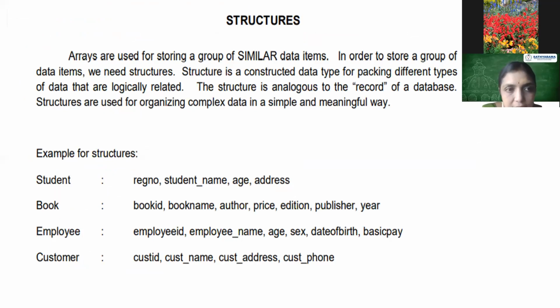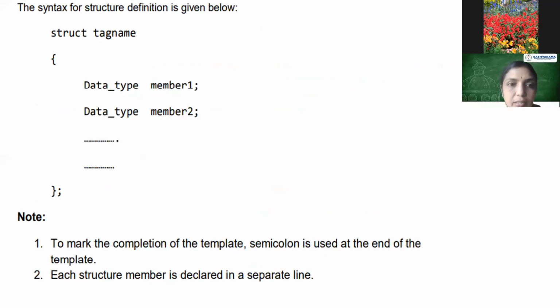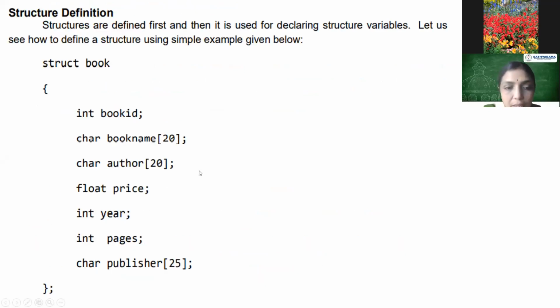And then the syntax for that is struct, tag name and the data type members. Here you can see it should always end with a semicolon. That is very, very important, indicating to us that it is the end of the data type members declared inside the struct, right? That is the end of the template. So after defining the structure itself, we can go for defining the variable, or else we can go for defining the variable separately.